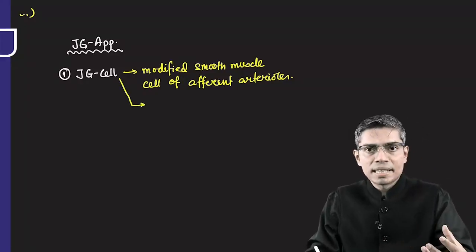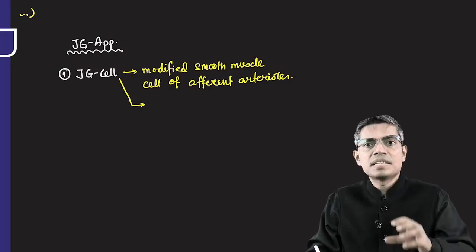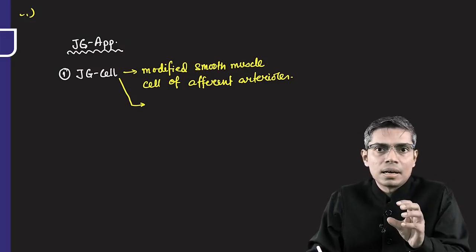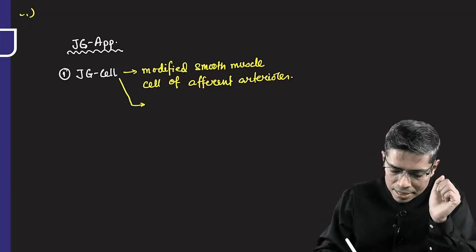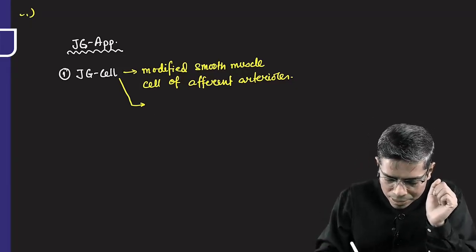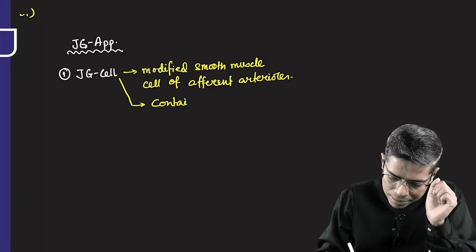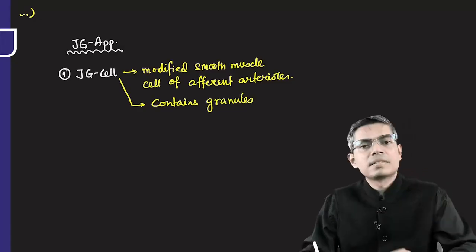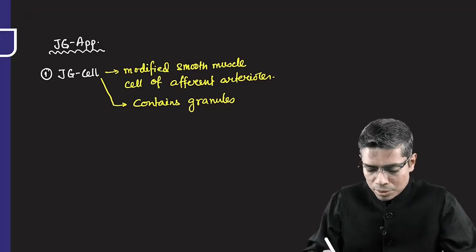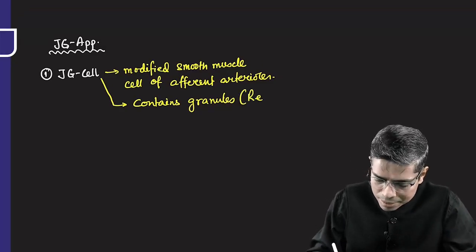that contractile apparatus, this JG cell contains granules, and those granules contain renin. Inside the granule, the renin is present.